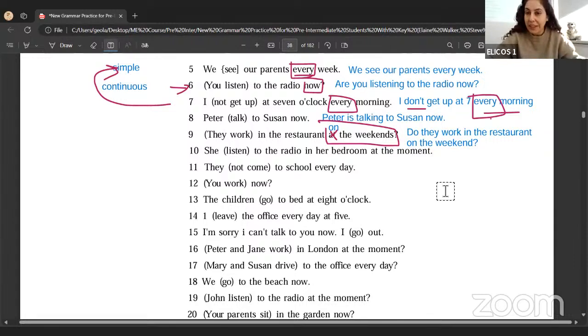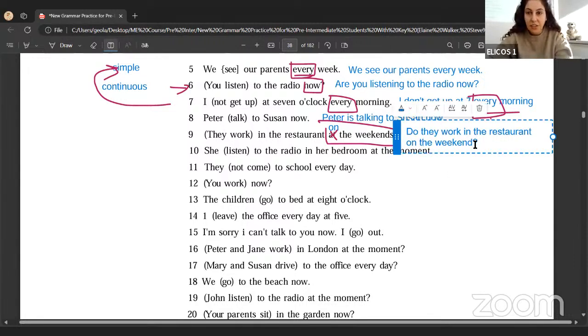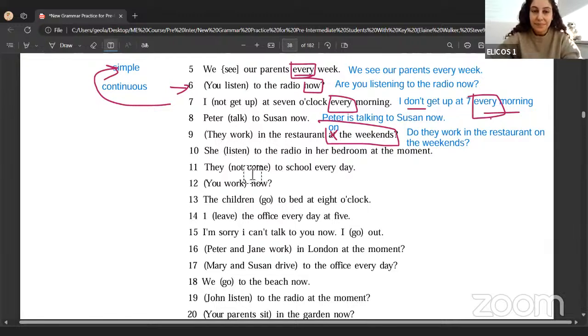It's in general on the weekends. So simple. Number 10, she listened to the radio in her bedroom at the moment. So remember, at the moment is your continuous. So how do I make that for Sarah? Number 10, yeah.